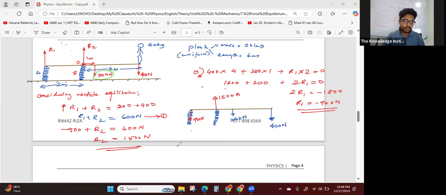So first I consider spring A. Spring A pushes the plank downward with the force of 900 Newton. Therefore, the plank pushes the spring upward with the force of 900 Newton.